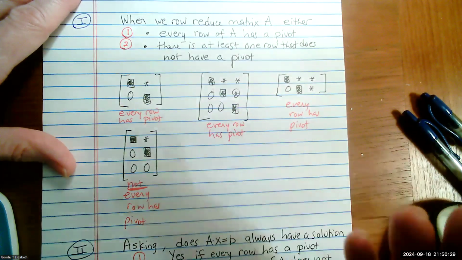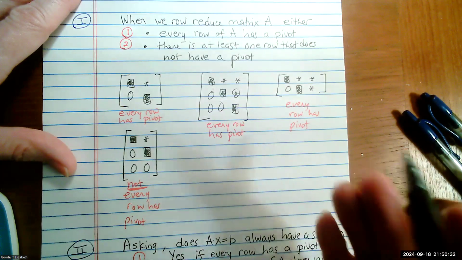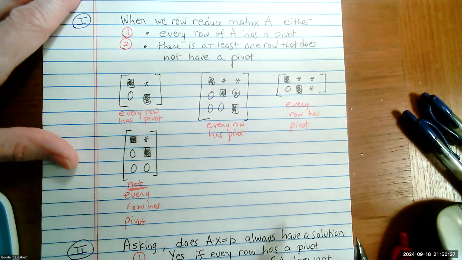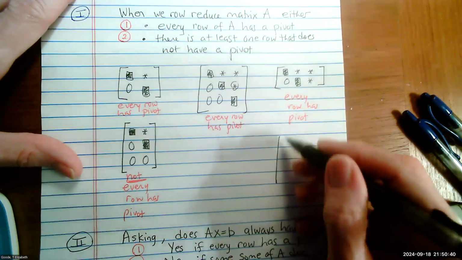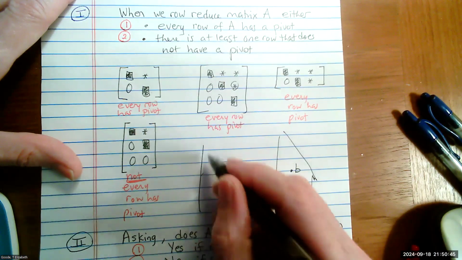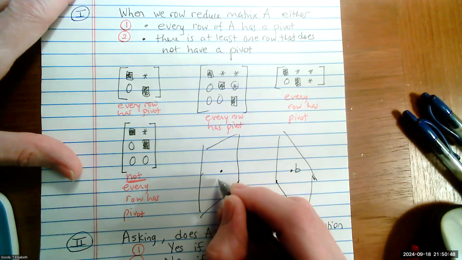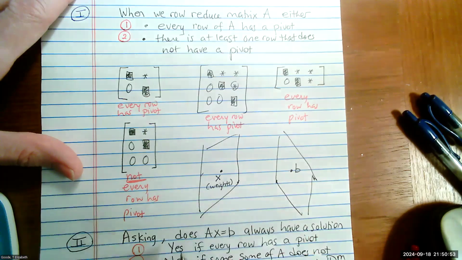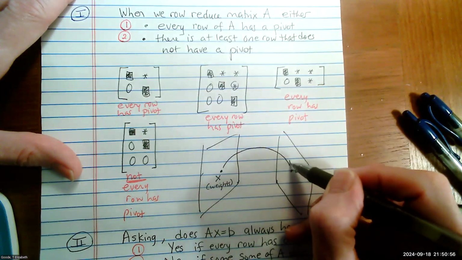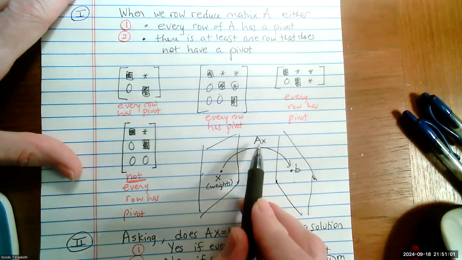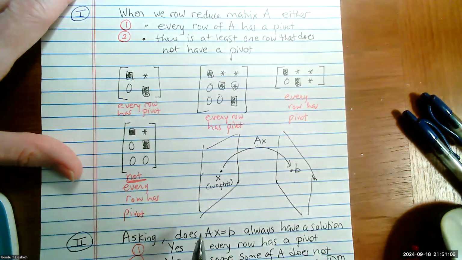The question is, do the columns of A encode enough information that somehow you can generate every single vector B using the columns of A, using some weights. X is the weights. The coordinates of X are the weights. And so whether or not you can hit every single B with this matrix multiplication really comes down to the power of the columns of A.